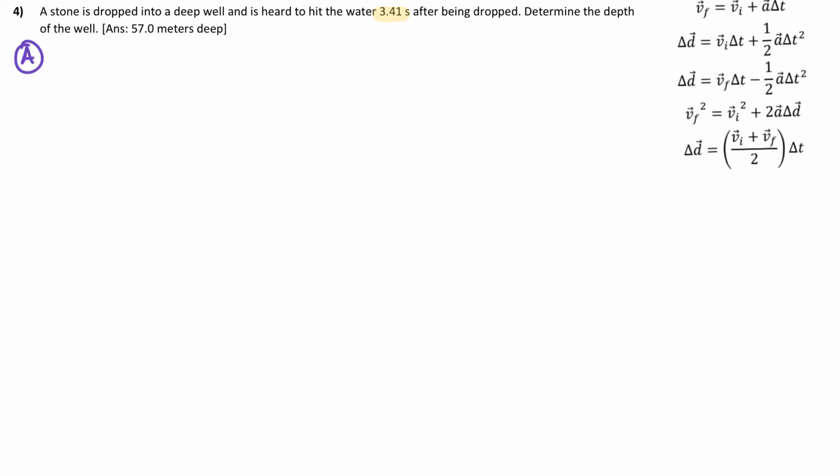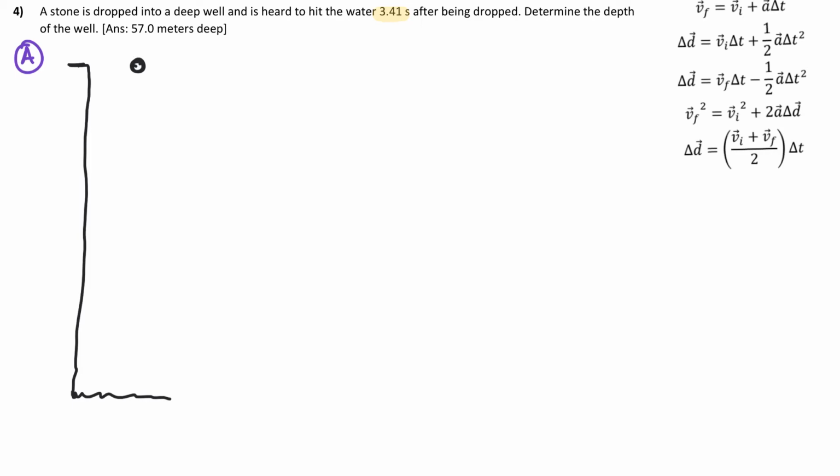We've got a well, and I'm just going to draw this in simple terms. Imagine this is one side of the well, this is the water at the very end, and we are going to drop something.